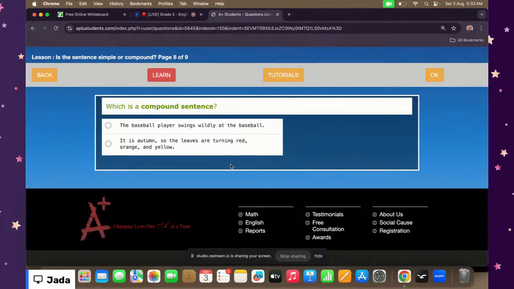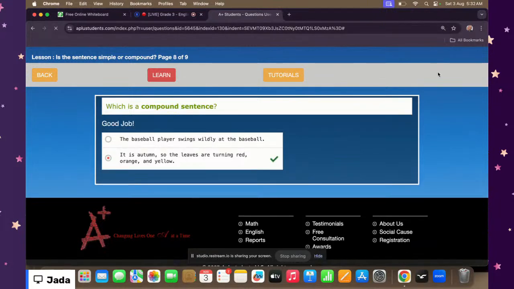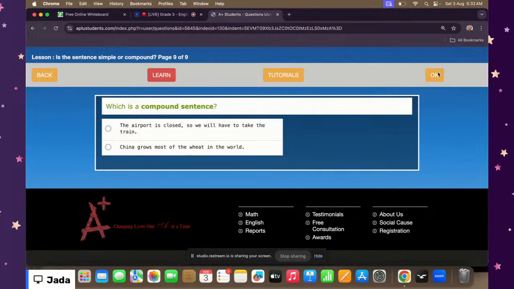Option two. Which is a compound sentence?